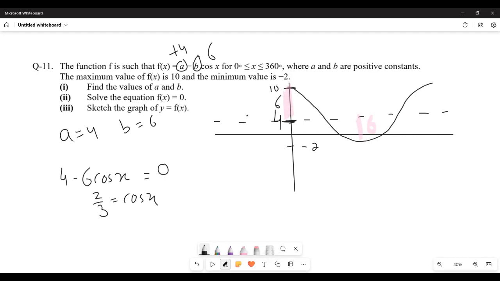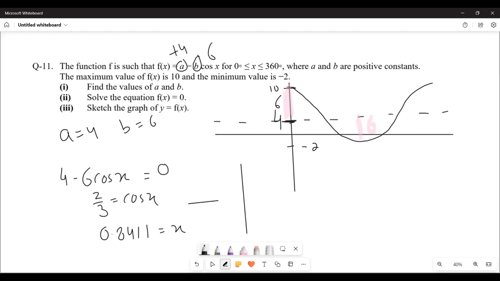Let's find the absolute angle. 0.8411. Cos is positive in the first quadrant and the fourth quadrant. So this is 0.8411 and 0.8411.